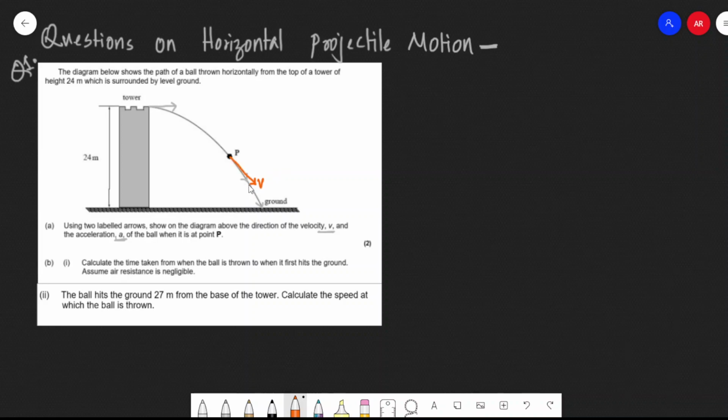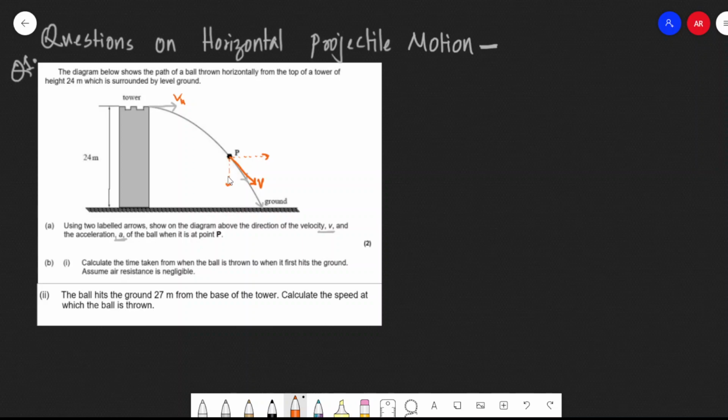This is not required to show in the question, but if you look at this, the velocity does have one horizontal component, which is the same as the horizontal velocity with which it has been projected, and it also has the vertical component along this direction, because due to gravity the object is vertically accelerating.